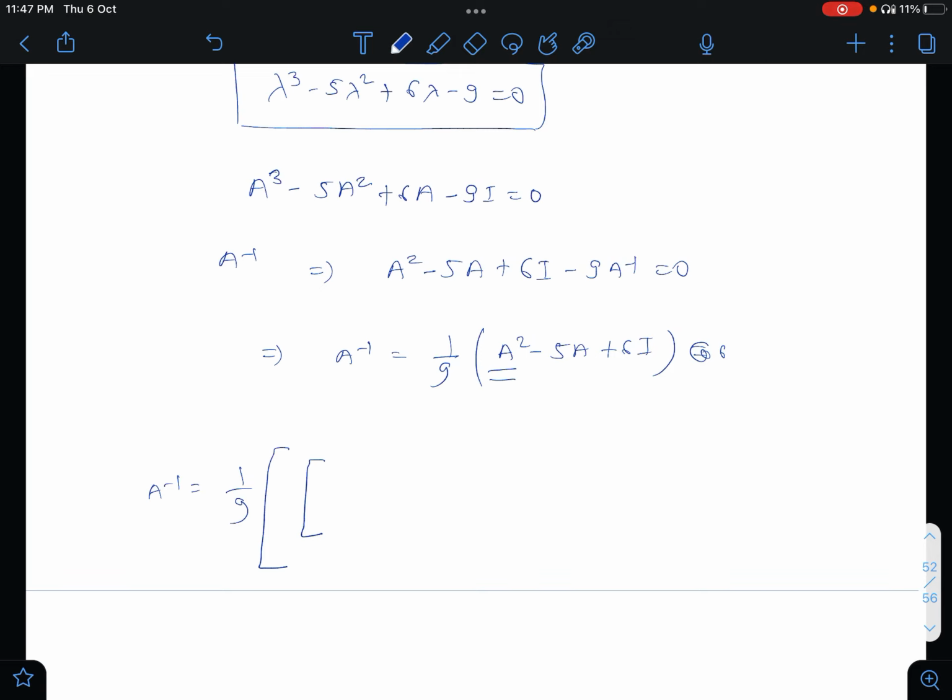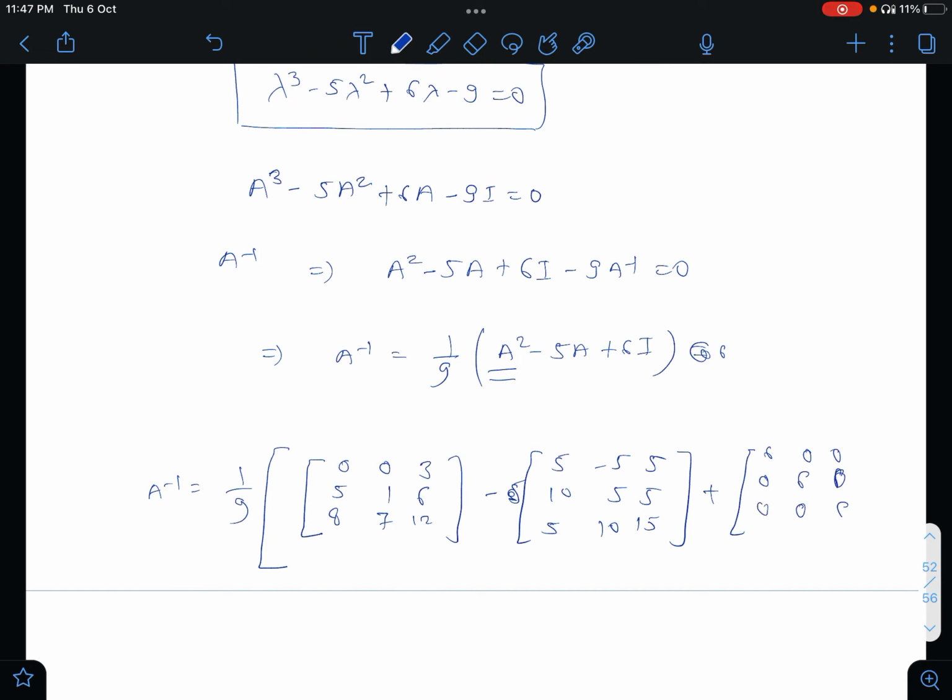We can find A square by multiplying A with A, which is [0, 0, 3; 5, 1, 6; 8, 7, 12]. Minus 5A is [-5, 5, -5; -10, -5, -5; -5, -10, -15], plus 6I is [6, 0, 0; 0, 6, 0; 0, 0, 6].